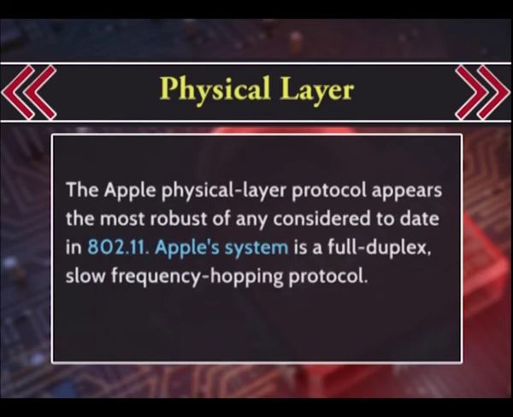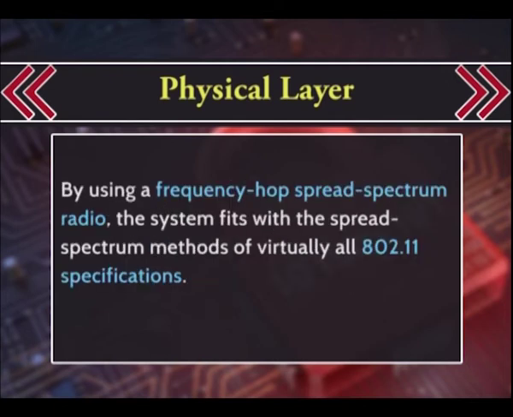The Apple physical layer protocol appears the most robust of any considered to date in 802.11. The Apple system is a full duplex slow frequency hopping protocol using a frequency hop spread spectrum radio. The system fits with the spread spectrum method of virtually all 802.11 specifications.